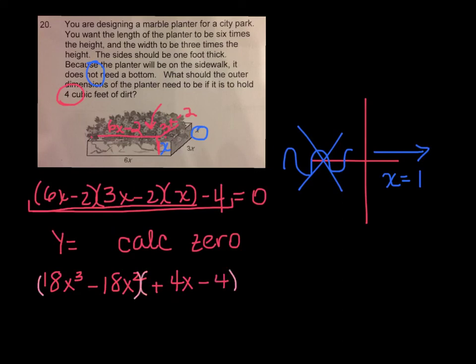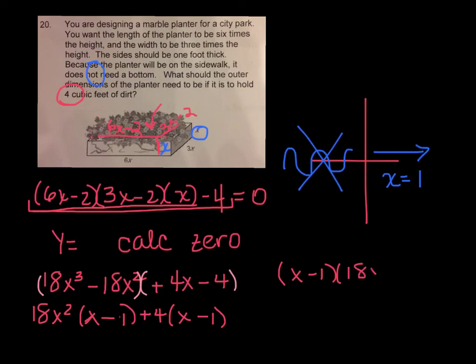It looks like it might. 18x squared leaves me x minus 1, and a 4. Sorry, that would be minus 1, wouldn't it? And take out a 4, and this would leave me x minus 1 as well. My insides match, leaving me 18x squared plus 4.